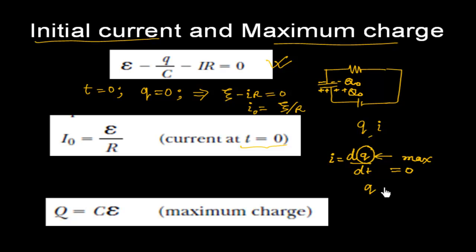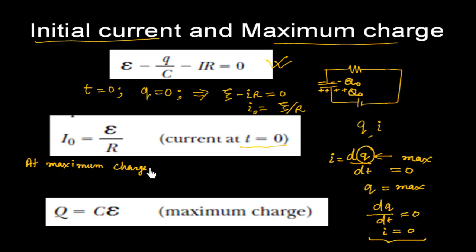This is the condition for q to be maximum. dq by dt has to be 0, and dq by dt is nothing but I. So I equals 0. So when we have maximum charge, current will be 0.